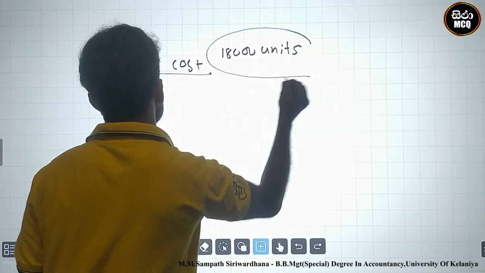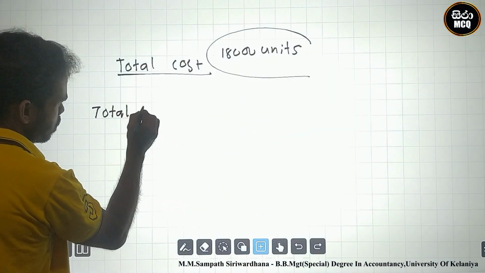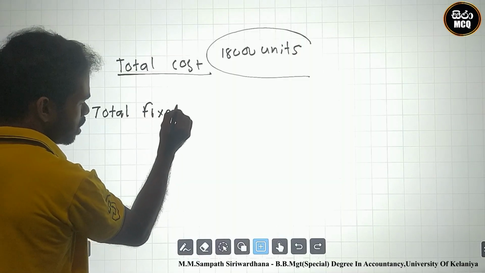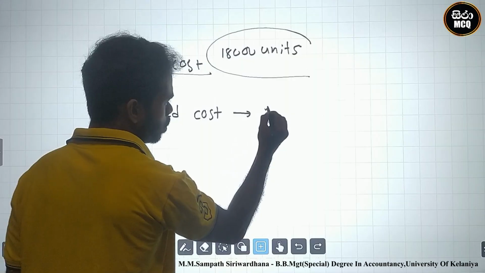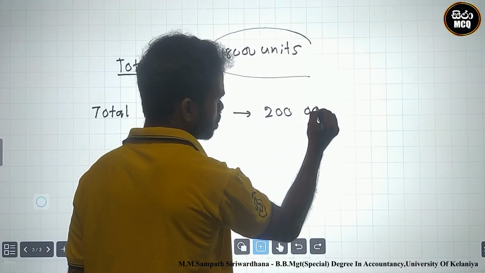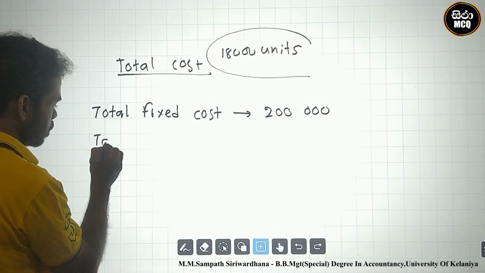There are two costs. Total fixed costs do not change, and total fixed cost is 200,000. Again, we calculate total variable cost.